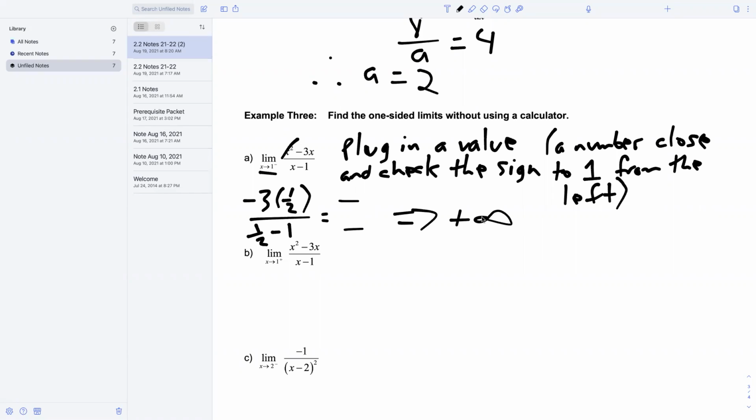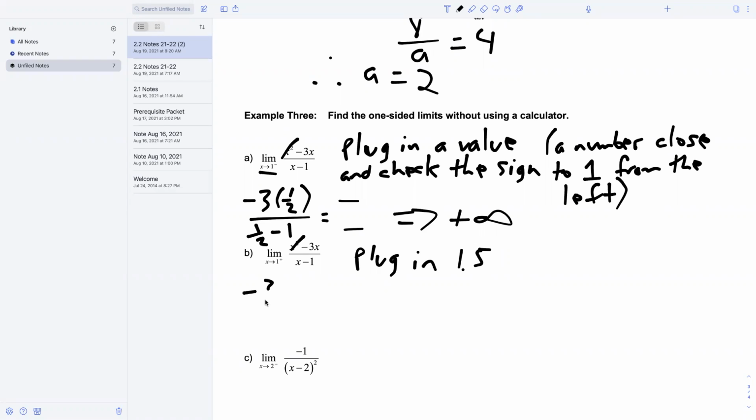Well, this is the same problem. I'm just approaching it from the other side. So this time I'm going to plug in, let's say, 1.5, because 1.5 is on the right of 1. Again, the x squared doesn't matter.